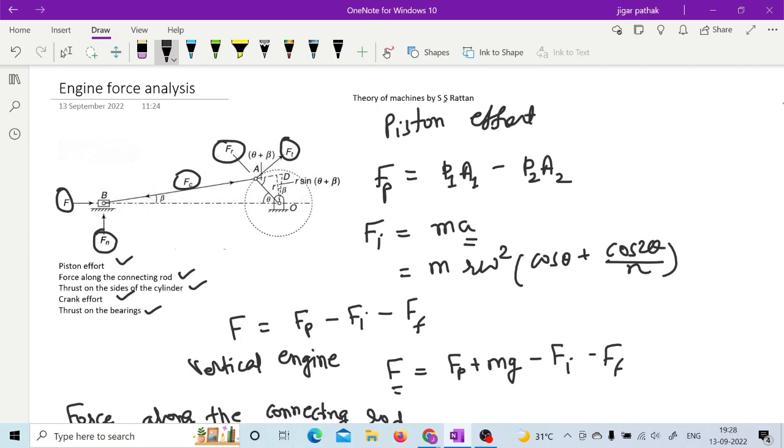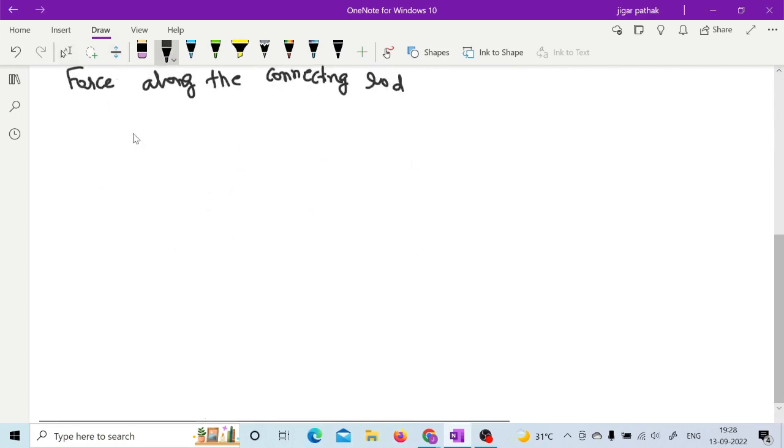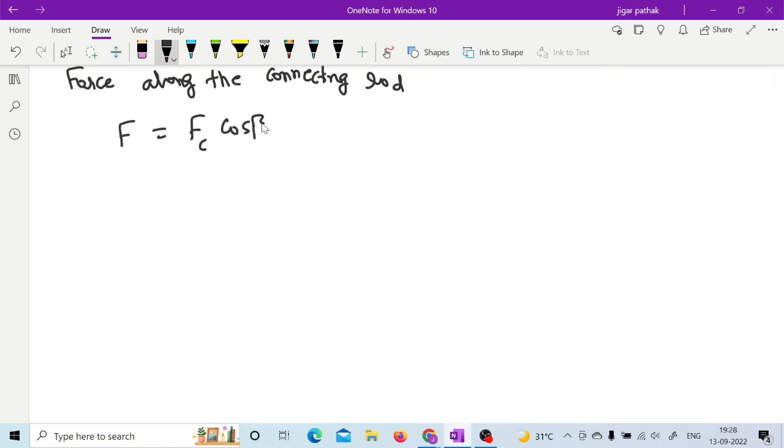From the figure it is clear that F is equal to Fc cos beta. So in short, you can calculate your force along the connecting rod from the piston effort if you know this angle beta. So Fc can be given by F upon cos beta.